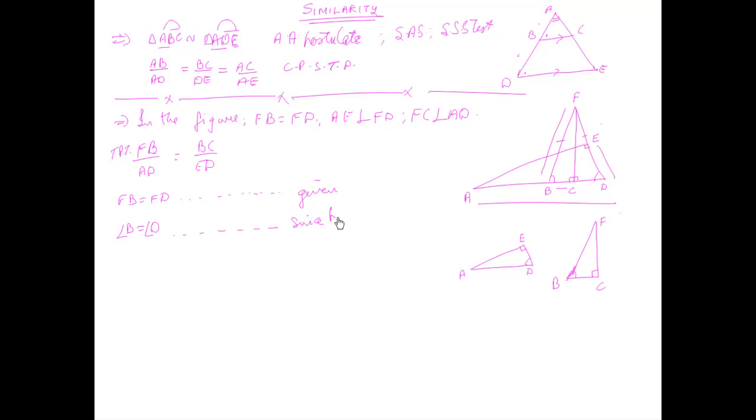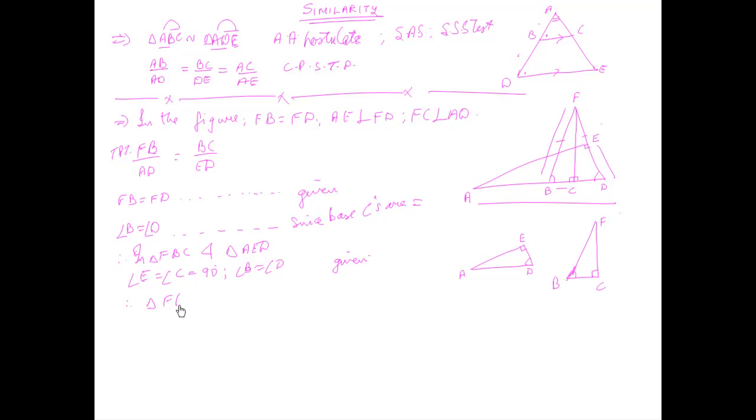Since base angles are equal of an isosceles triangle, therefore, children, we get in triangle FBC and triangle AED, angle E equals to angle C equal to 90 degrees, that's given, and angle B equals to angle D. First part is given, children. Second part is statements above.